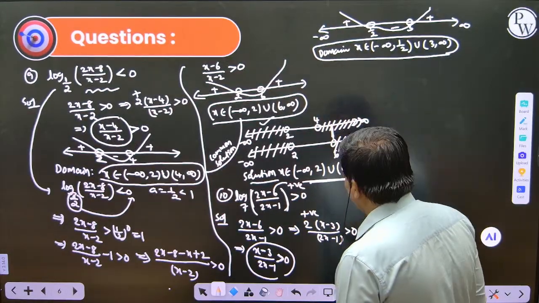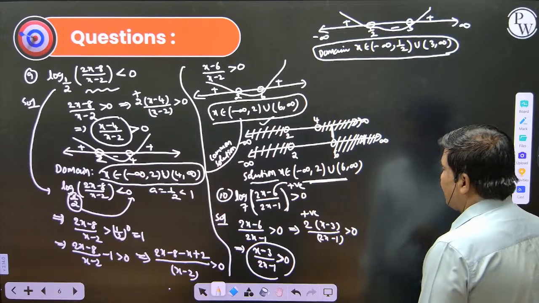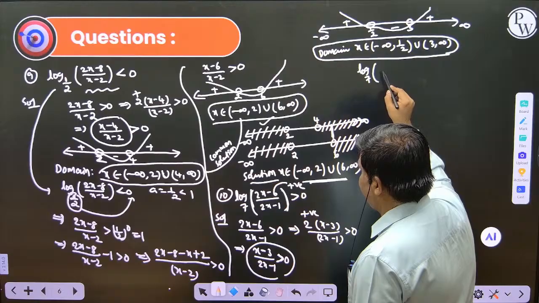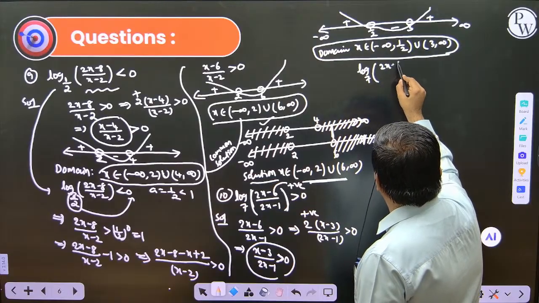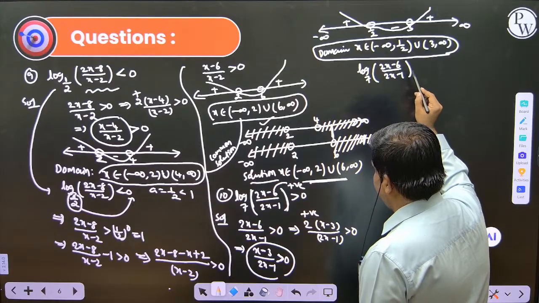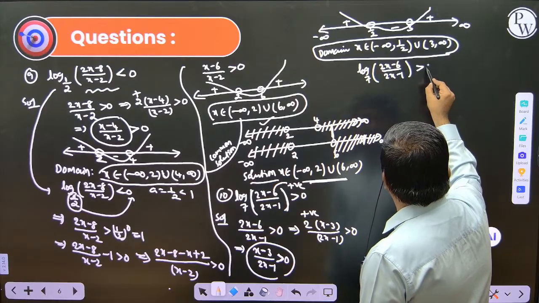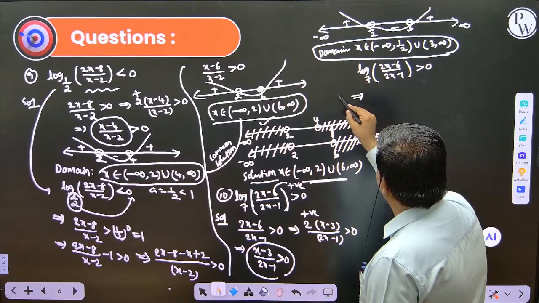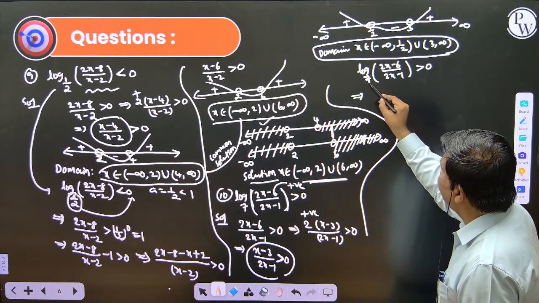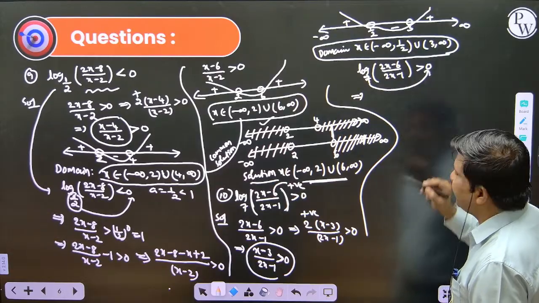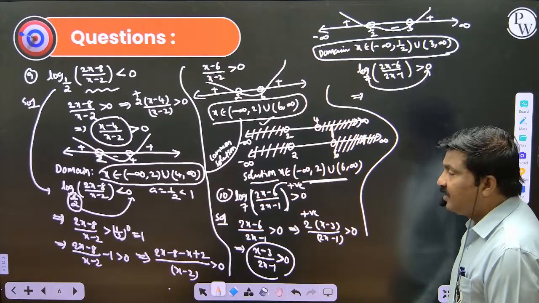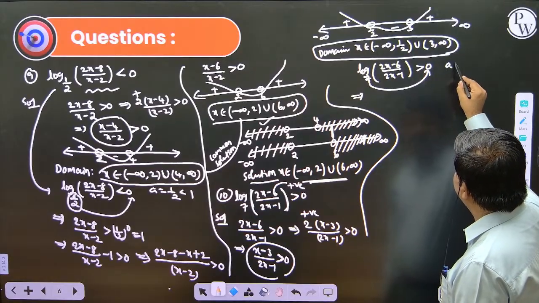Now you solve the inequality. Log base 7 of (2x minus 6) by (2x minus 1) greater than 0. As I already told you, if the base of a logarithm is shifted to the other side, it becomes a base to an exponential function. But what is the base here?